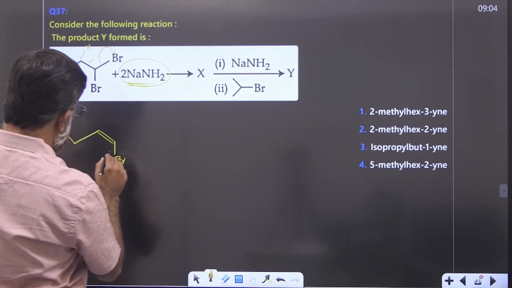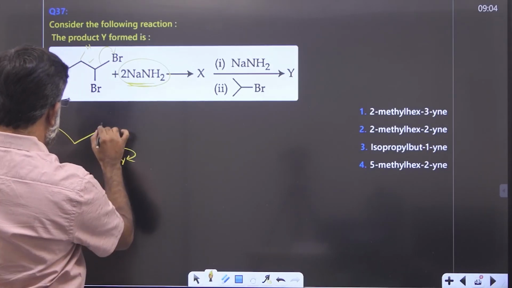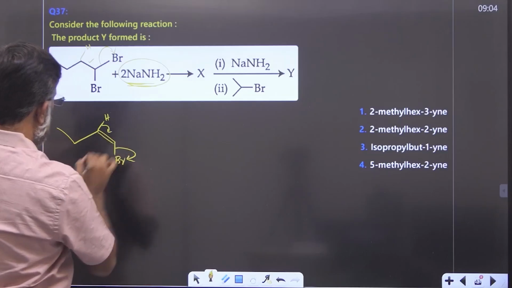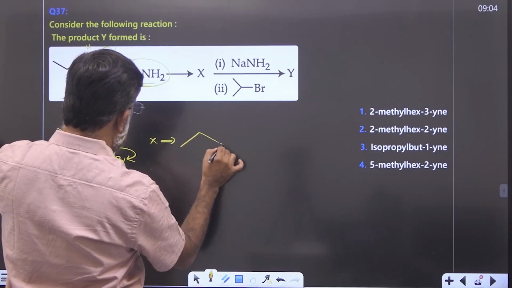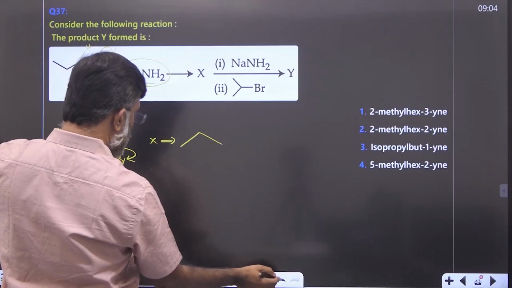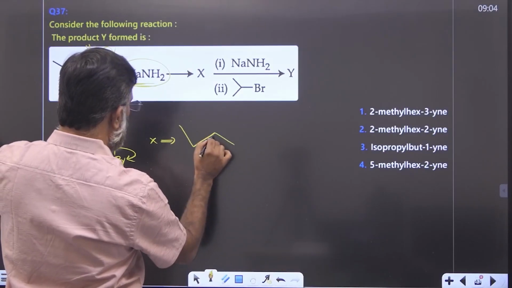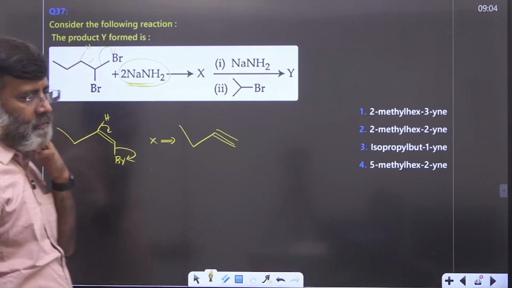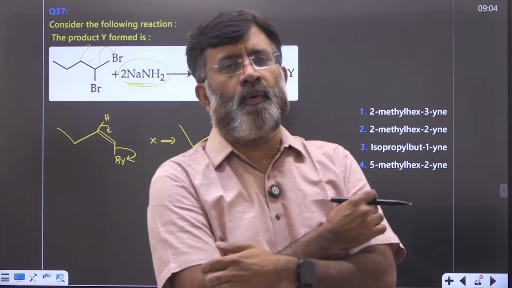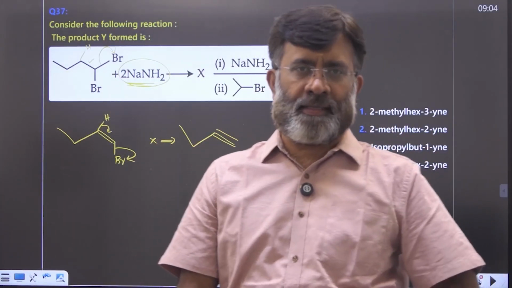When the reaction happens again, you can see it turned into a triple bond. So this is X. That is a 2-step dehydrohalogenation.